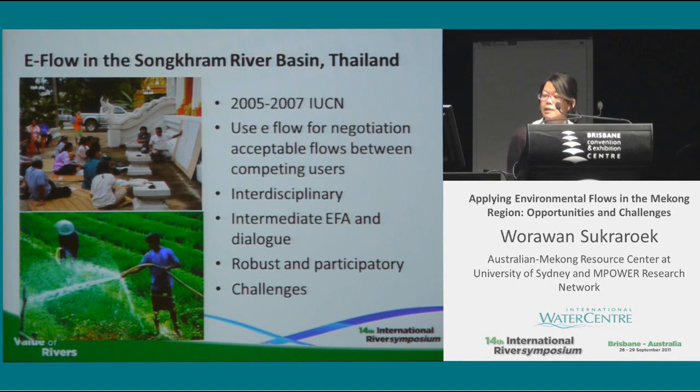A team of interdisciplinary experts was set up, and there are two components that I would like to flag in terms of how we did e-flow: the intermediate EFA, e-flow assessment, and also the dialogue component.